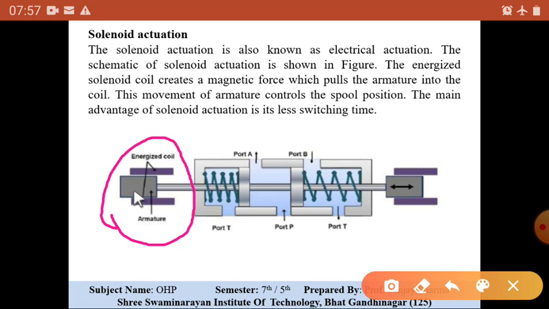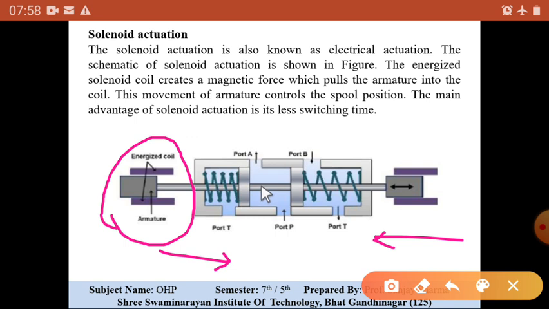This metal piece moves forward and backward by supplying electricity to this armature in the coil, and whatever magnetic field is generated in this armature will energize the valve to move in a forward and backward direction. So this is how the solenoid valve operates.